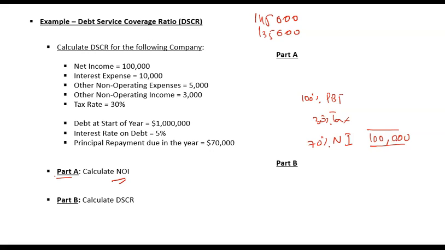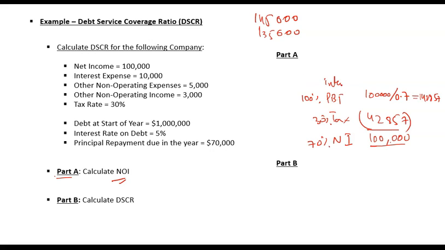So if net income is 70%, then how much will profit before tax be? 100,000 divided by 0.7. This is 70%. 100% would be 100,000 divided by 0.7. What is the answer? 142,857. And this remaining portion will be tax. That is 42,857.